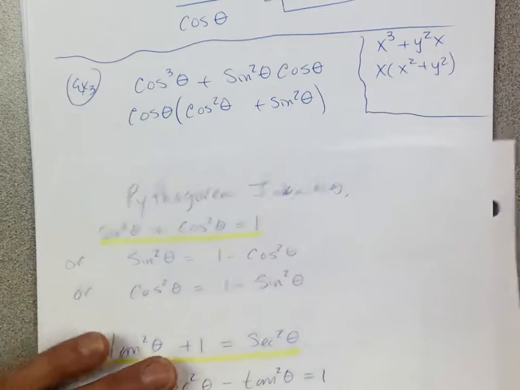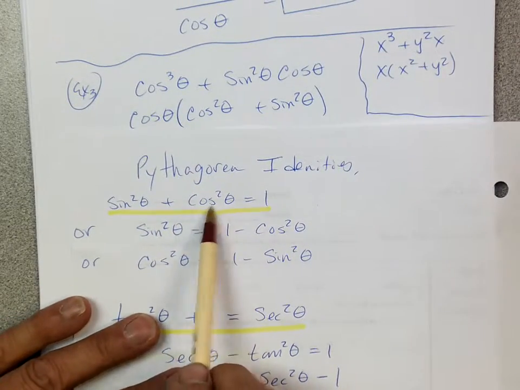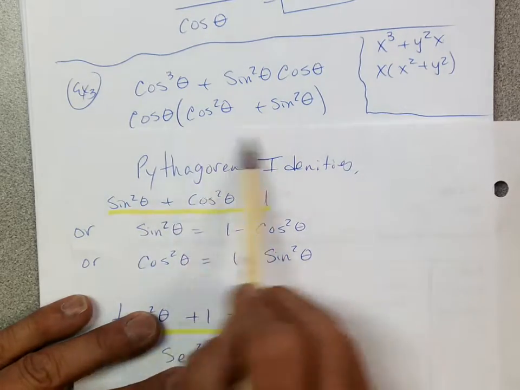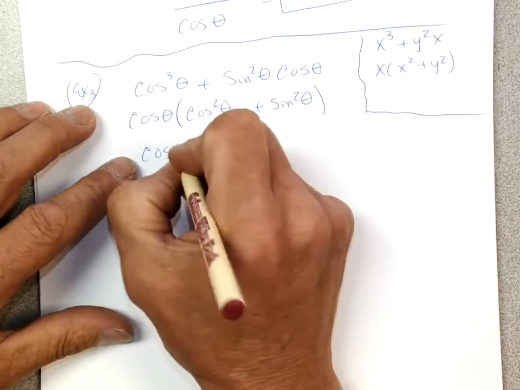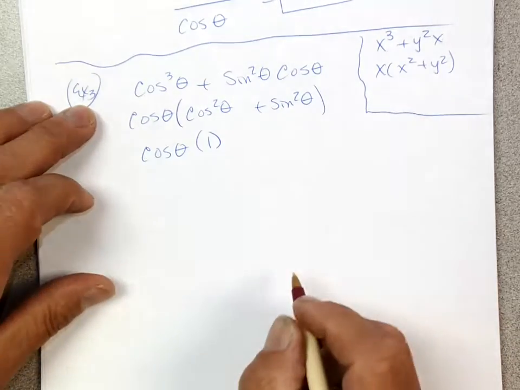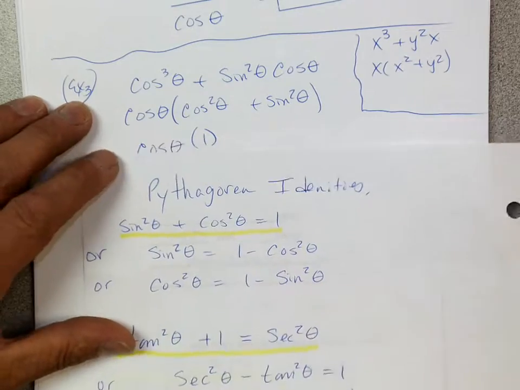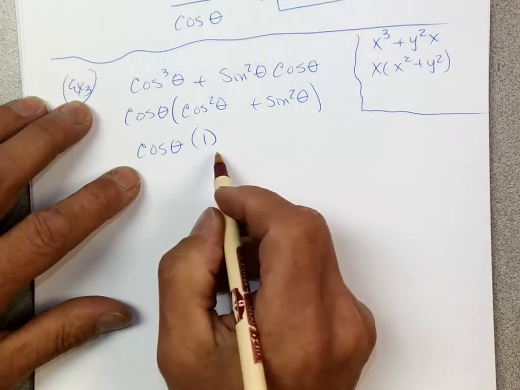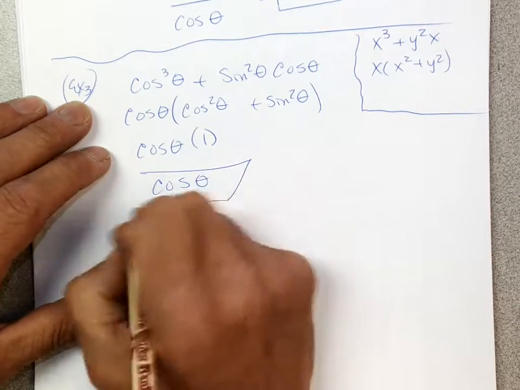Sine squared plus cosine squared, or cosine squared plus sine squared, is equal to 1. So I'm going to make this expression 1. I found it right there on my identity sheet. Then cosine theta times 1 is just cosine theta. That's the simplest form.